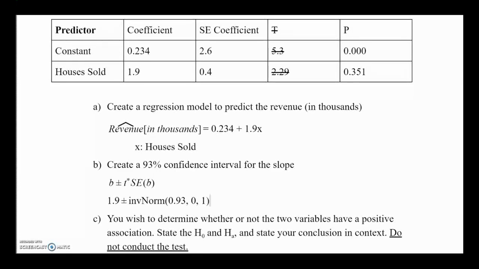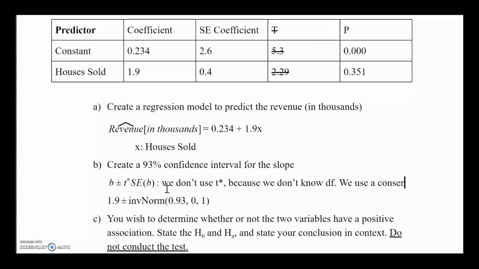So you may or may not have caught it in the previous video, but I stated that when you put an infinite degree of freedom for your t star, it becomes a normal distribution. So if I just write it here, we don't use t star because we don't know degrees of freedom.